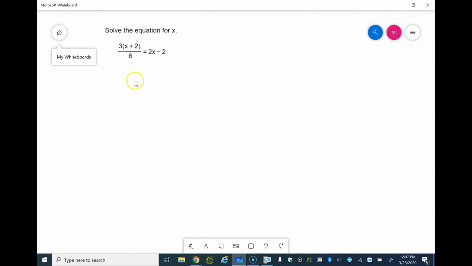So for this one here, we're going to take this problem and do the same thing. And as far as we ask ourselves, what are we going to move first? So let me try to rewrite this one.